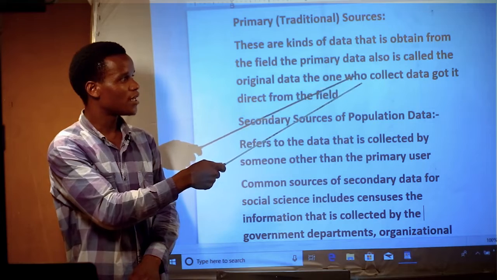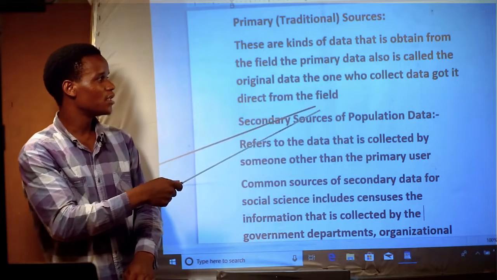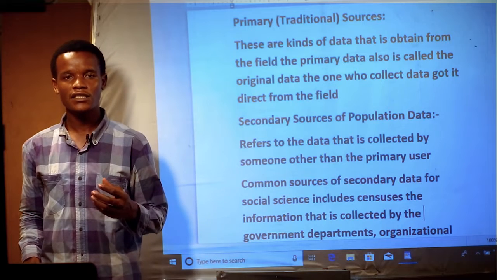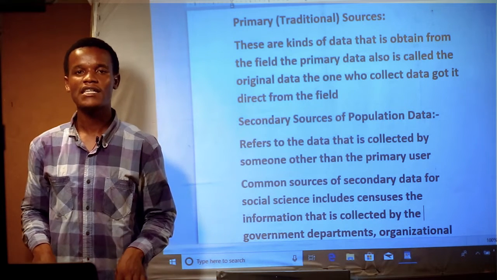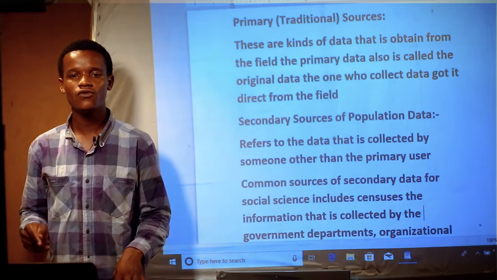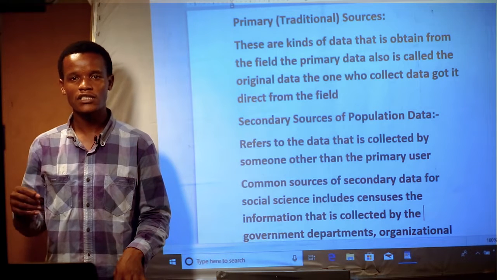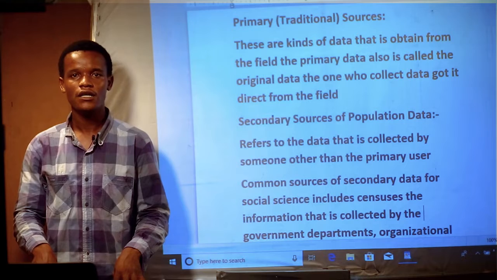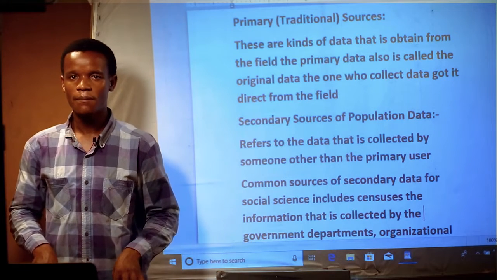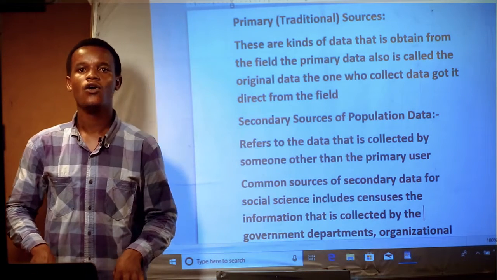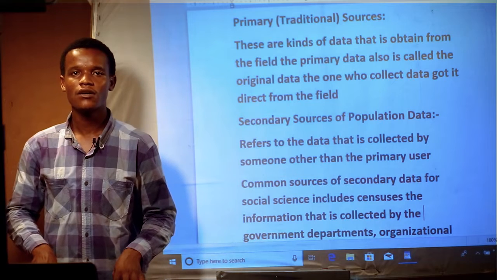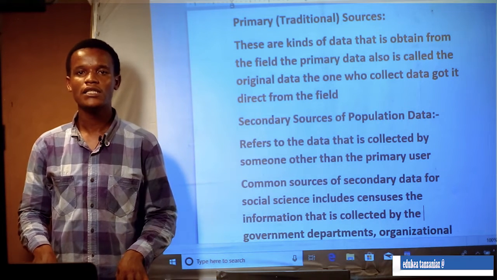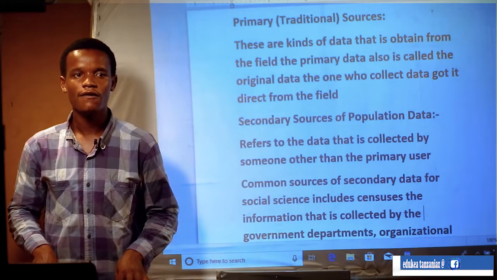The one who collects the data gets it directly from the field. These are the kind of data that a researcher or somebody obtains directly from the field. Since we call it original data, it is because the one who collected the data got it directly from the field.